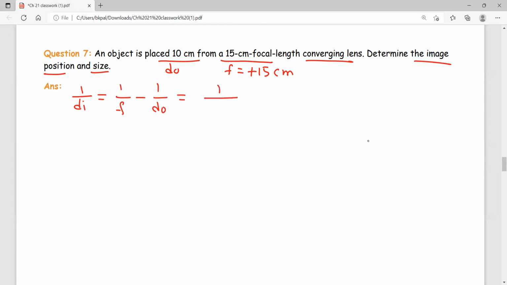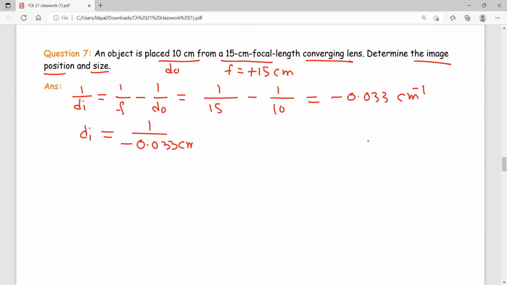So 1 over f here is 1 over 15 centimeter and 1 over do is 1 over 10 centimeter. If you do this math, because all the numbers are given in centimeter, you can keep all in centimeter. So di should be 1 over that number, and di is negative 30 centimeter.